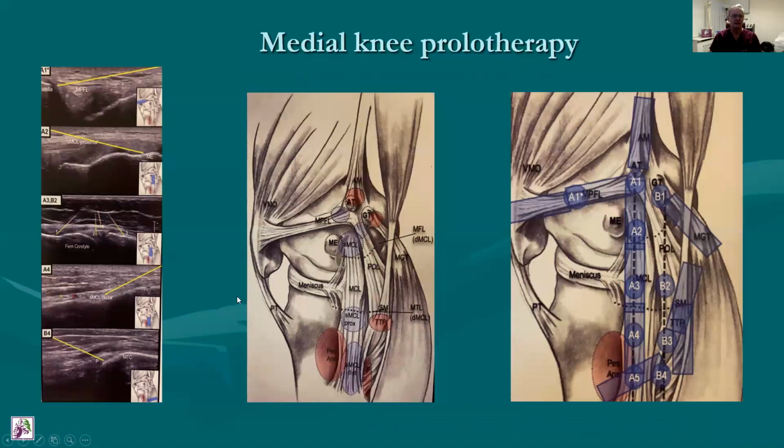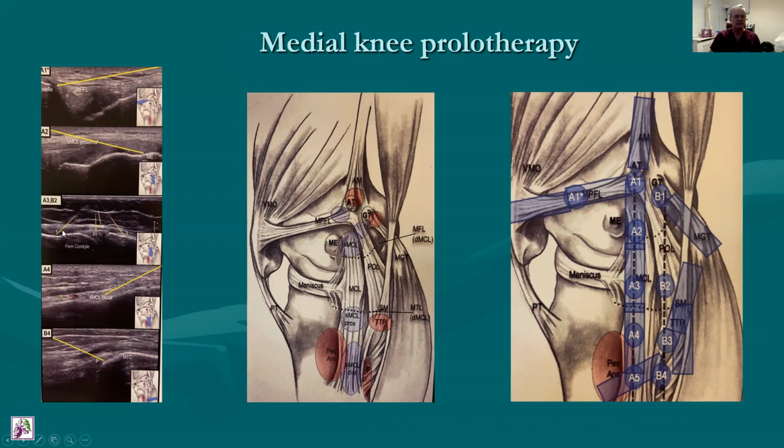There are some other ultrasound images showing the medial collateral ligament being injected, and the medial patellofemoral ligament being injected at its origin in the patella. Then you've got the medial collateral ligament being injected.